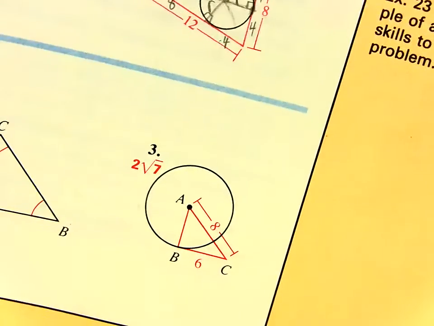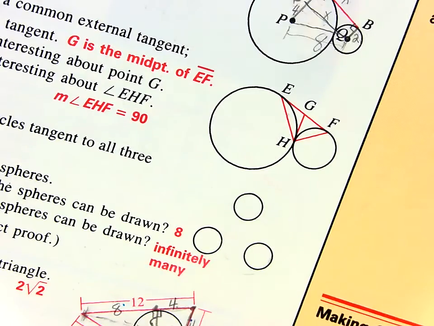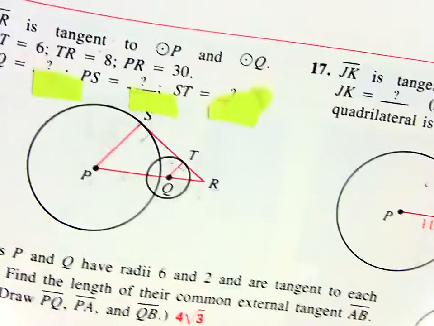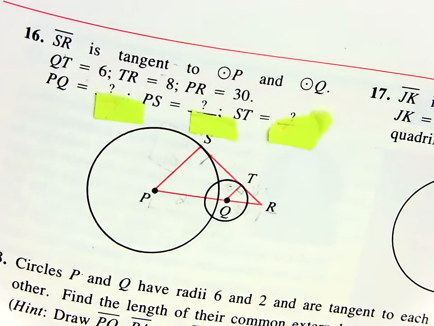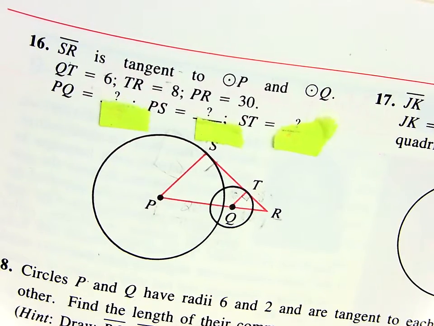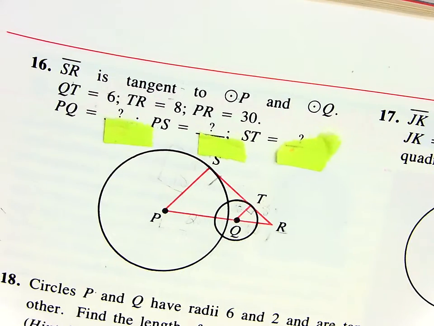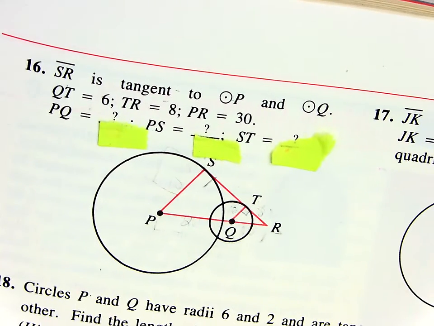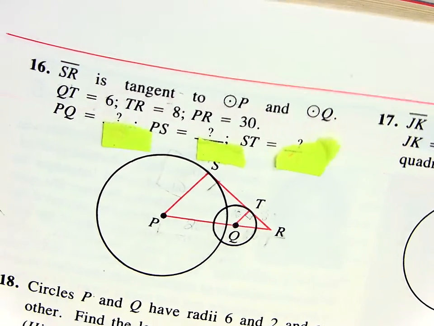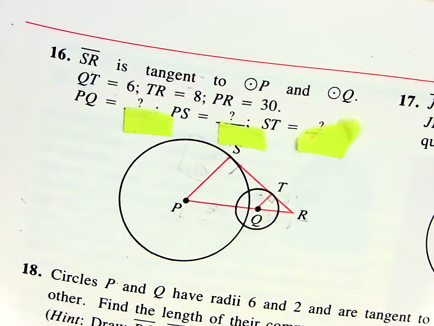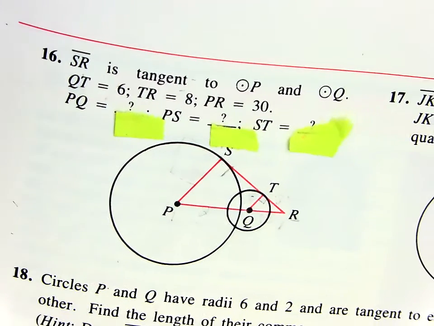Okay, is everybody with me? We're going to do 16 on 337, which is this one here. Should I give you a minute to try it without me telling you anything? Okay, try it. 16.